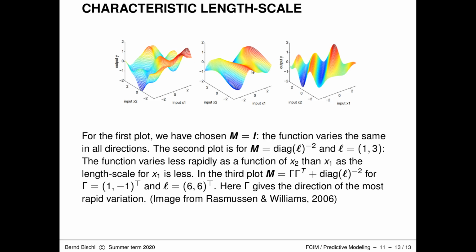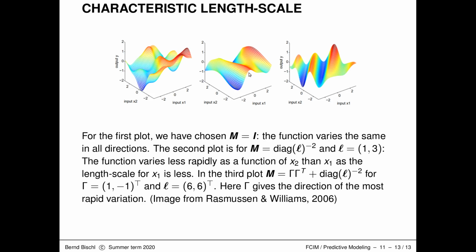And in this second case, I have used this automatic relevancy detection kernel with, on the diagonal of my matrix, two hyperparameters L1 and L2, where L1 is smaller than L2. And the function now varies less rapidly as a function of x2. I can see this here.